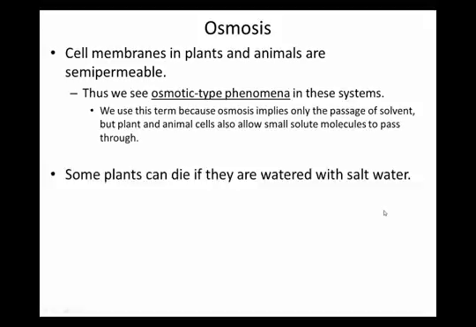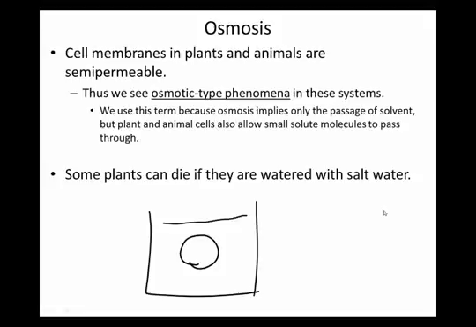Let's talk about why. So inside a cell, and I'm going to put a cell in a little beaker here, inside the cell you have a certain concentration. I'm going to call it C cell. Outside, you have concentration C solution.